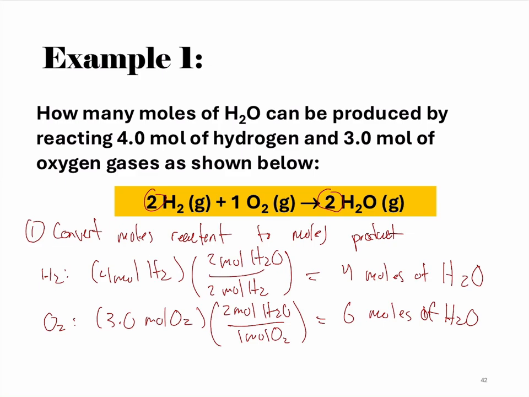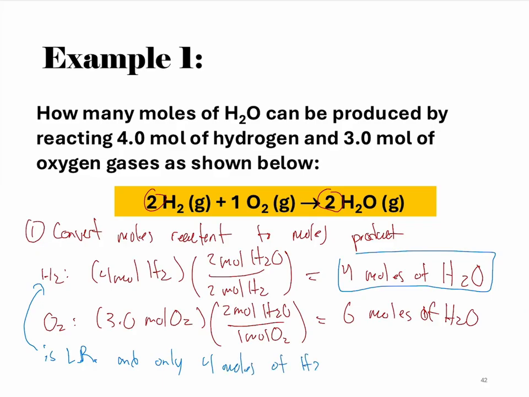So because this is smaller, that means that H2 is the limiting reactant, and only 4 moles of H2O will be produced. Because we mixed basically excess oxygen with 4 moles of hydrogen gas, that means that hydrogen is going to determine all of the water that's produced in this reaction.